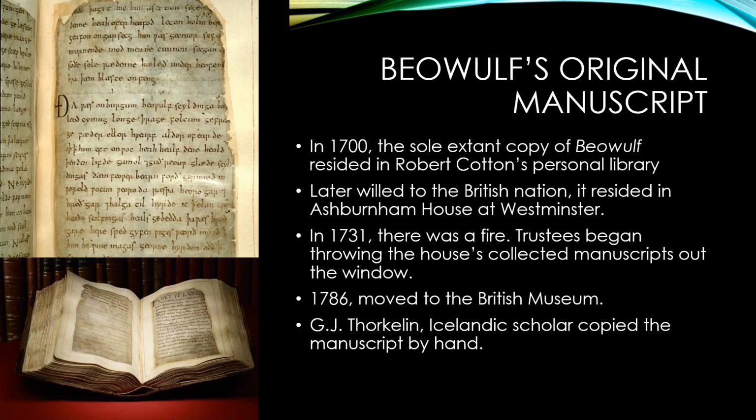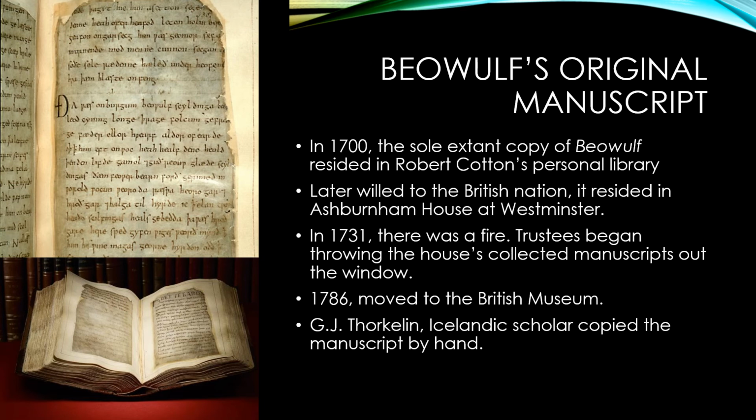So in the 18th century, Robert Cotton collected antiquated manuscripts, and in 1700, the sole copy of Beowulf resided in his personal library, and he later willed it to the British nation, where it resided at Ashburnham House at Westminster. It's kind of ironic that you have the words ash and burn in there, because in 1731 there was a fire.